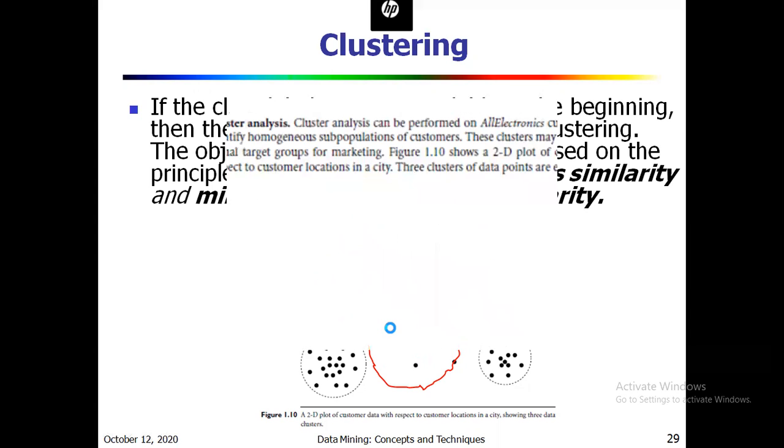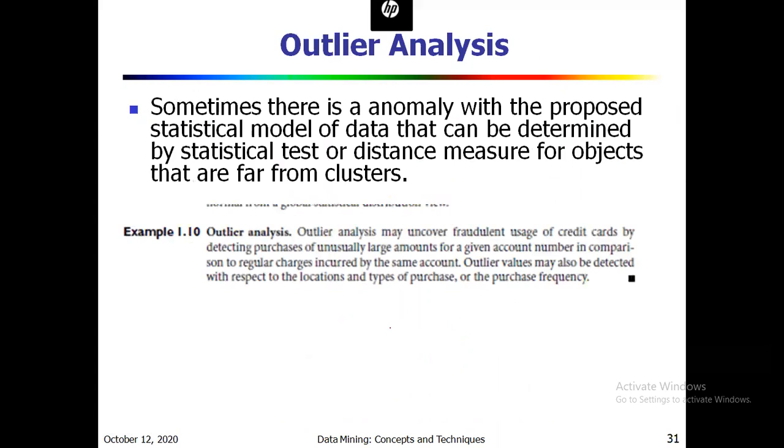Also in the statistical model, we perform different statistical tests to measure the accuracy of the model, or to measure the outlier analysis for a particular anomaly.